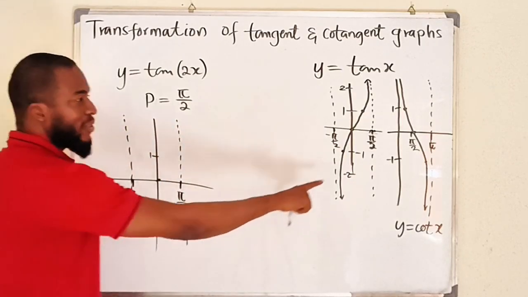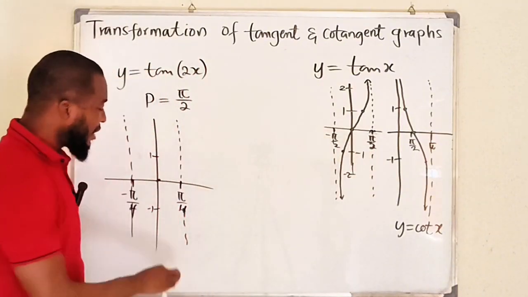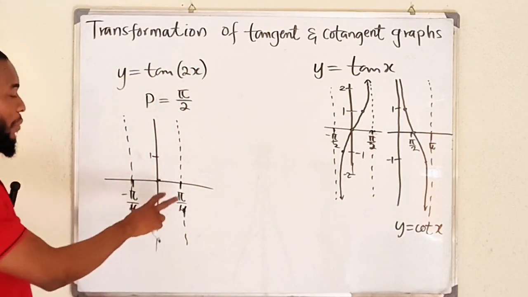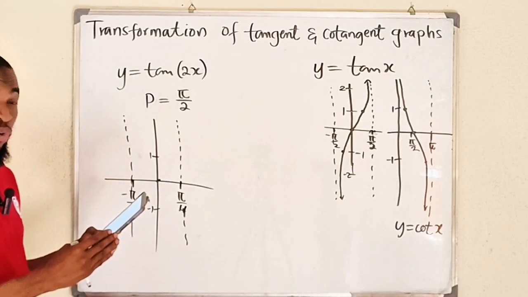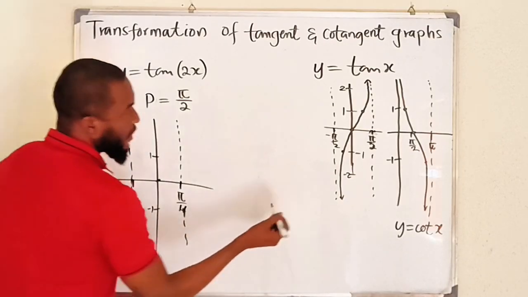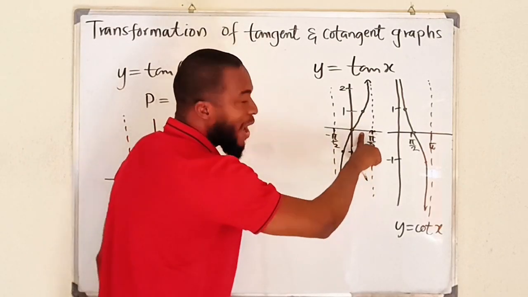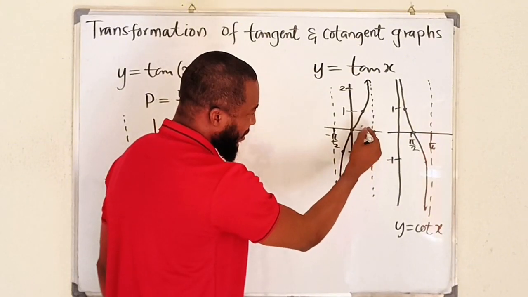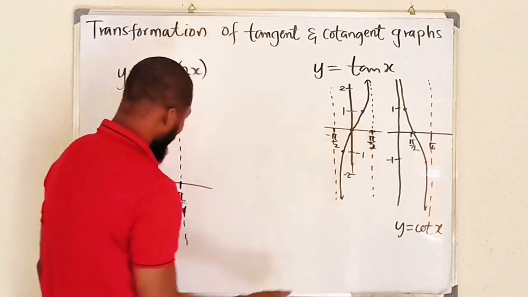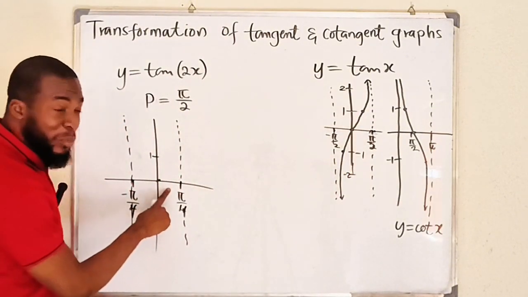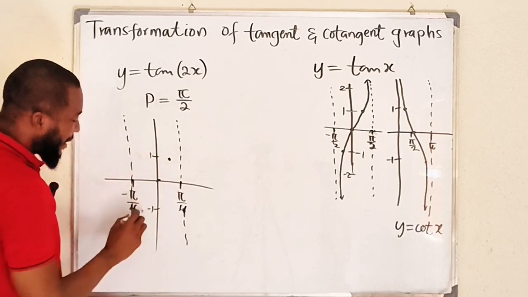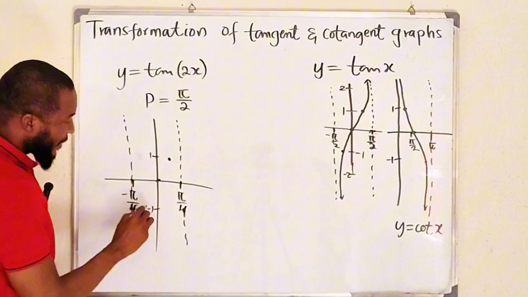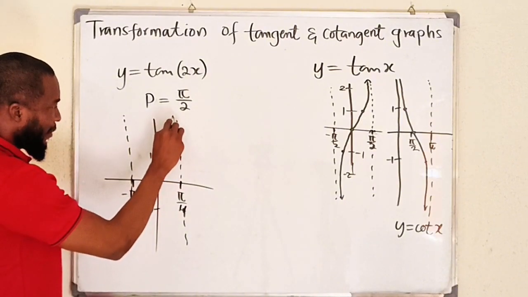The vertical asymptote that used to be at pi/2 is now at pi/4 because the graph has been compressed horizontally. So the vertical asymptote is now halfway. Remember, this is 45 degrees. Half of this is going to be pi/8. So at pi/8, you're going to have a point here. Negative pi/8, you're going to have another point here. So the graph will look like this.